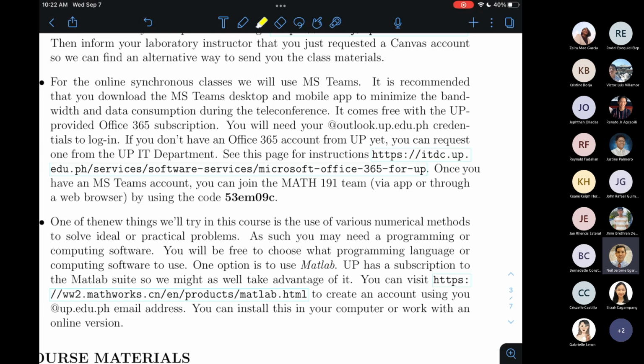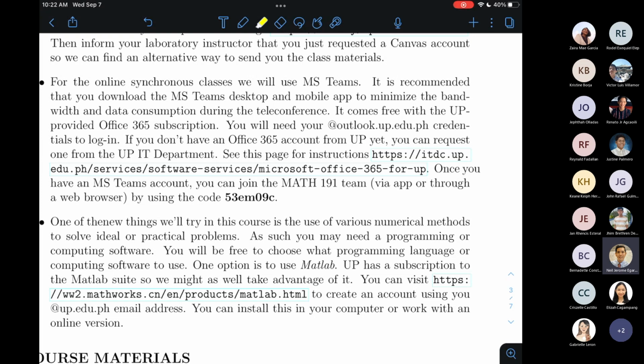MS Teams is easier to use if you have the app rather than using a browser. So you can download it on your mobile phones, your tablets, or your laptops. And the only catch is that you need an outlook.up.edu.ph account to log in or become a member of the Math 151C team in MS Teams.